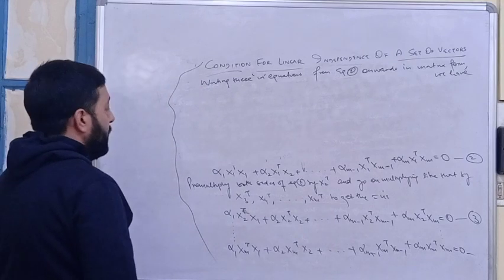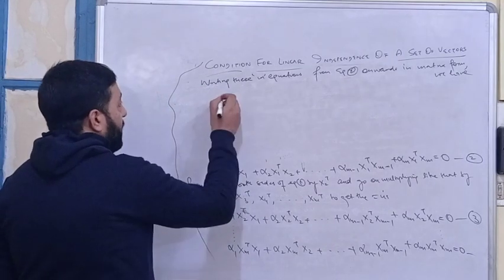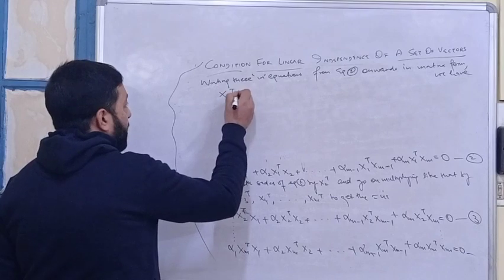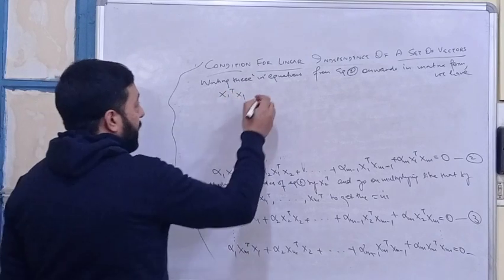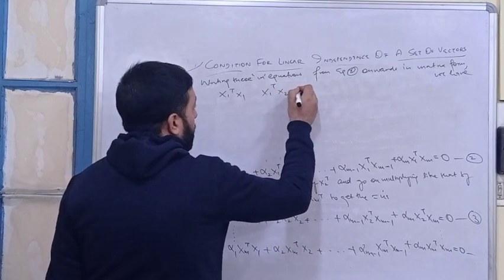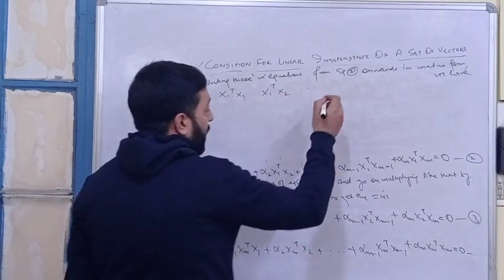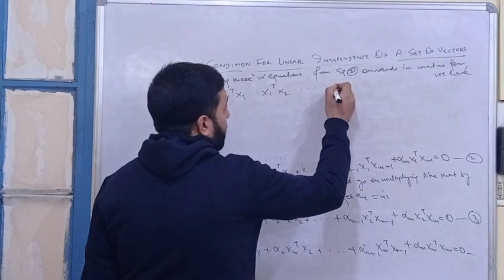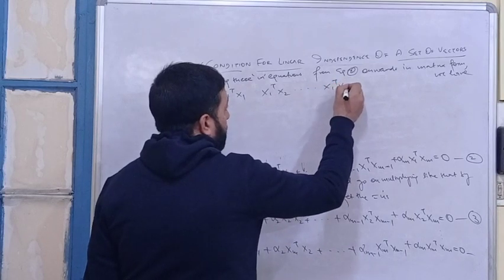what? Alpha 1, we have x1 transpose x1, okay? x1 transpose x2, and so on, x1 transpose xm minus 1.